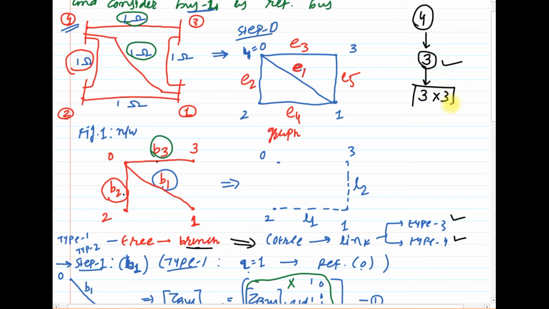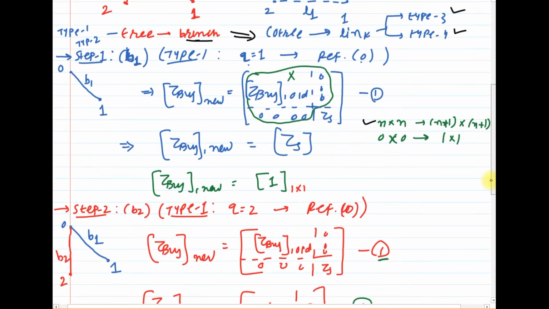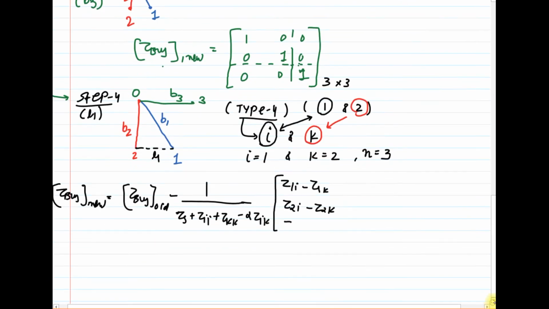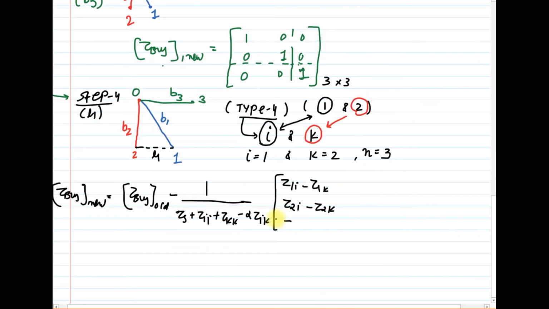So the total number of buses is 3, and that's why the size of the Z-bus matrix after all the modifications will remain 3 cross 3. So here n is equal to 3, so I can write Z3I minus Z3K.